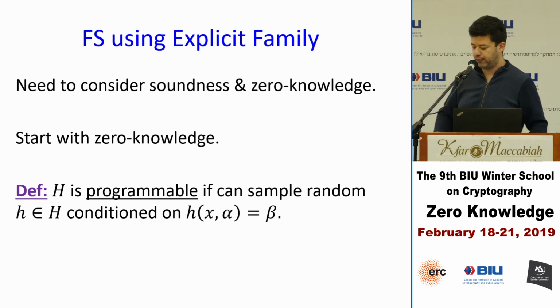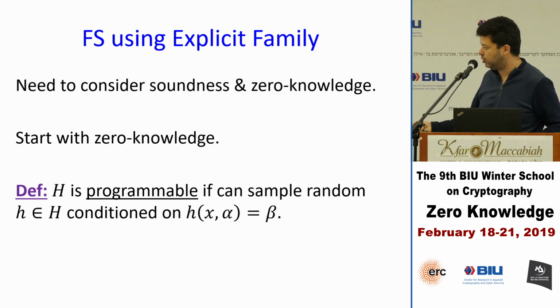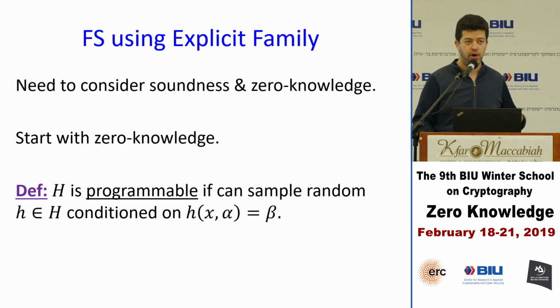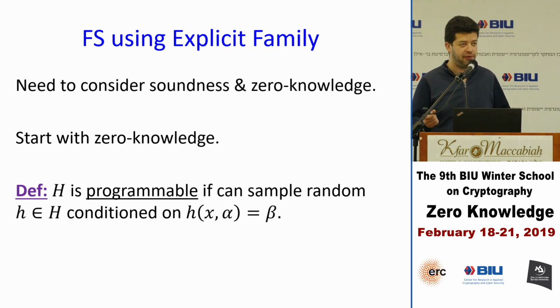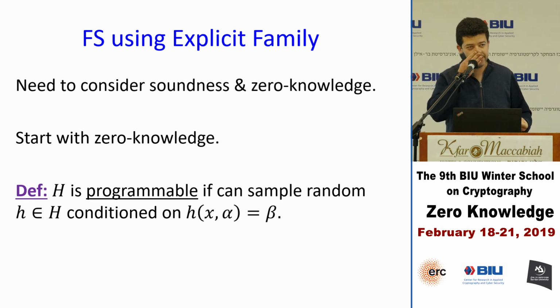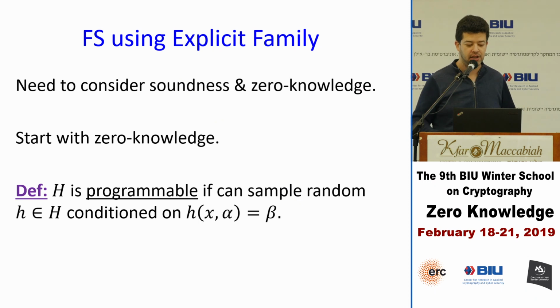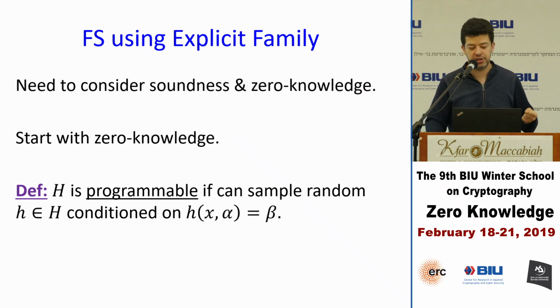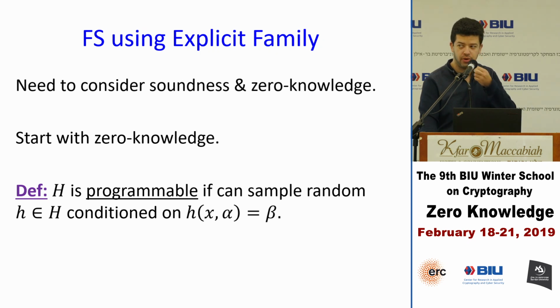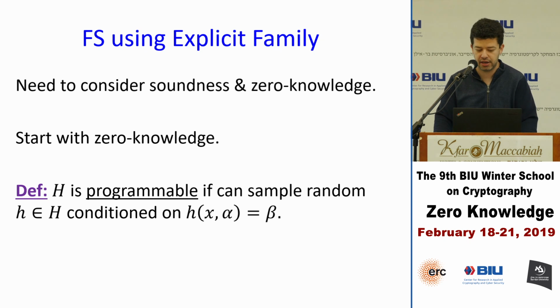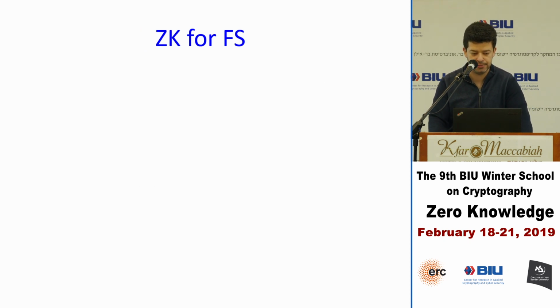I'm going to say that a hash function family is programmable if it's possible to sample a random hash function from the family conditioned on particular alpha and beta that you care about, that is, to sample from the conditional space of all little h such that h of x, alpha is equal to beta. So you can sample these conditional hash functions.